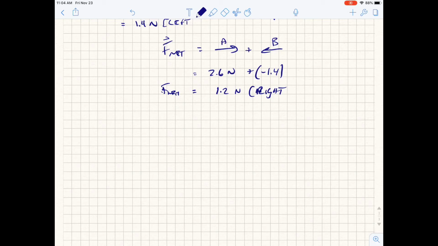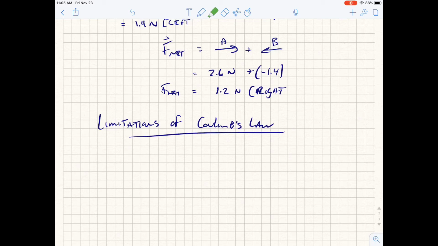There are some things to remember where Coulomb's law is limited. This is what I'll leave you with today, the limitations of Coulomb's law. First of all, Coulomb's law works when the charges Q1 and Q2 are small. When these charges get huge, in reality, experimental evidence doesn't match as well with what Coulomb's law predicts.